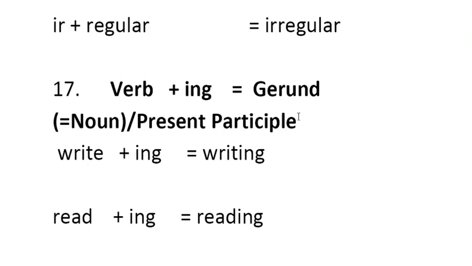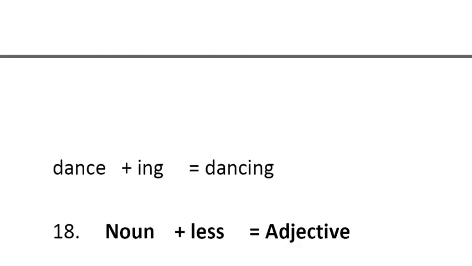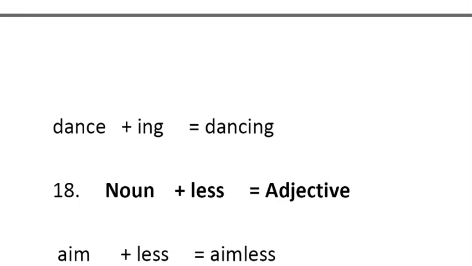So after adding suffix ing with verb, it becomes present participle or gerund. So write plus ing, writing, read plus ing, reading. Dance plus ing, dancing. So simply with verb, if you add ing, then it becomes present participle or gerund.